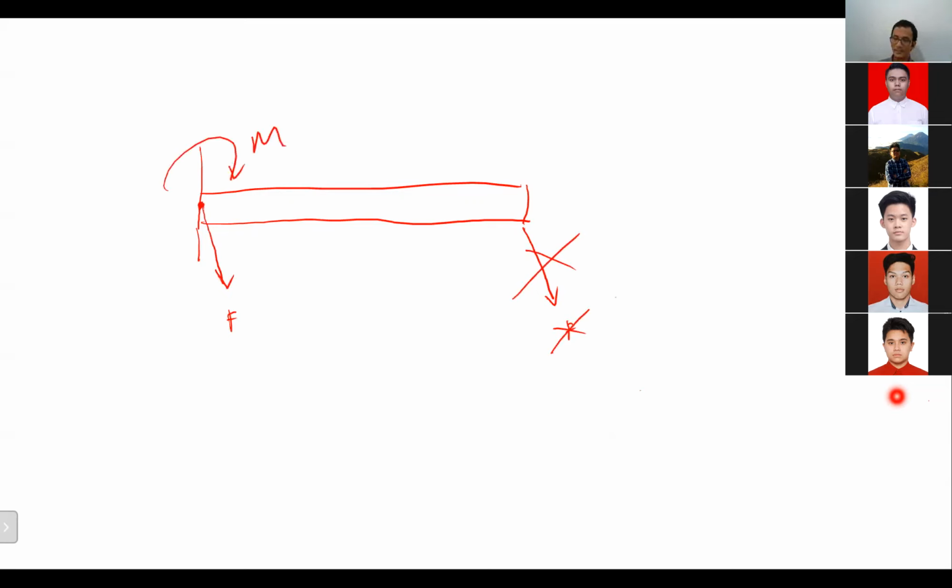So your final will be like that, where the value of F here will be 8 kilonewton, and the moment here will be 8 kilonewton multiplied by D. So that's the first couple system that you're supposed to have. Okay?